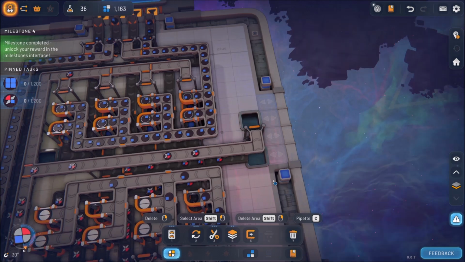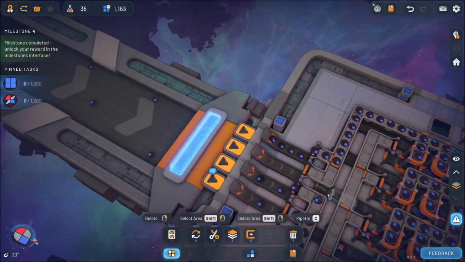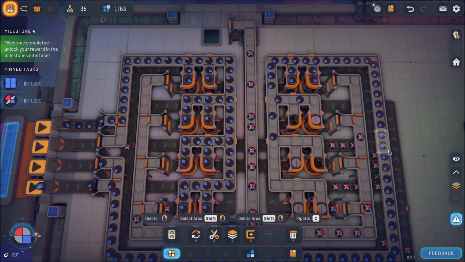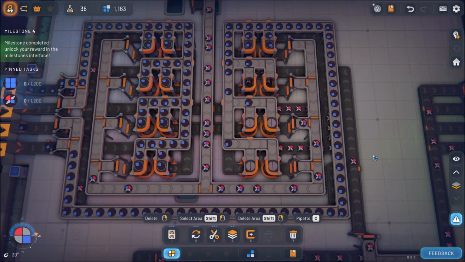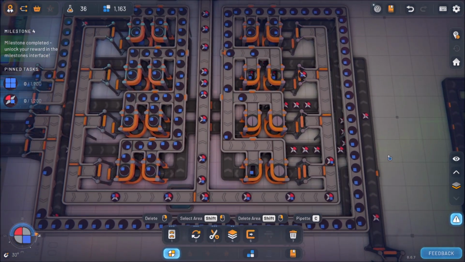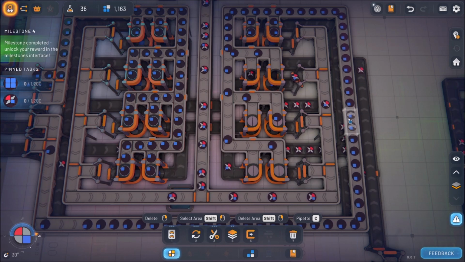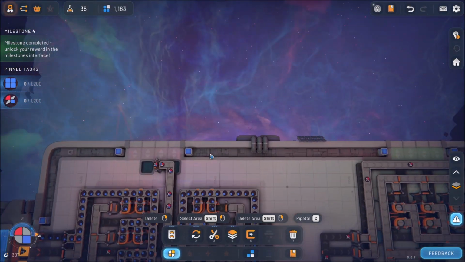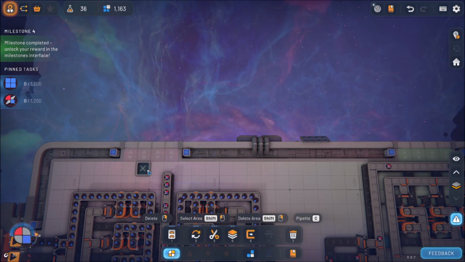Get the feeling I've made a mistake somewhere. Those are going to be turned around. These ones should be correct. Starting to get some correct ones coming out. They're in the right location, the right orientation. There we go. We've got some correct ones coming out. Well, I'll worry about the others in a minute.